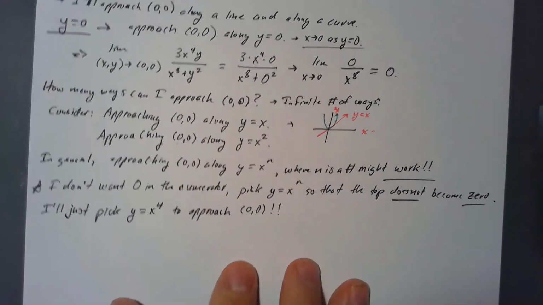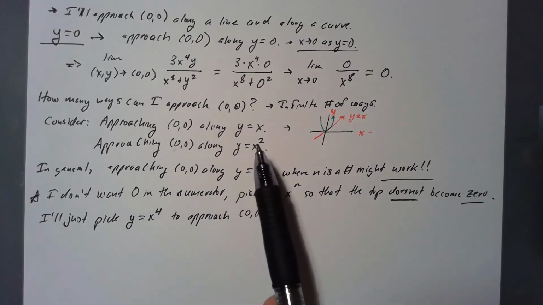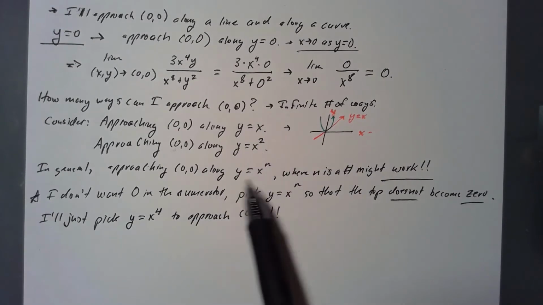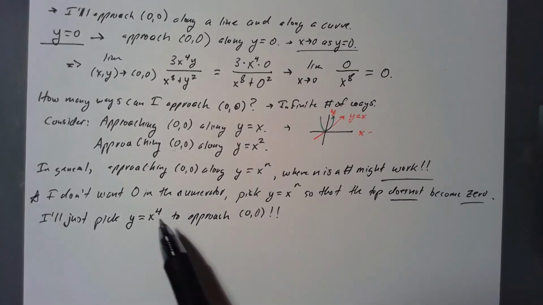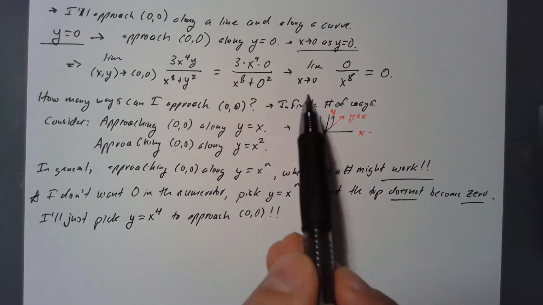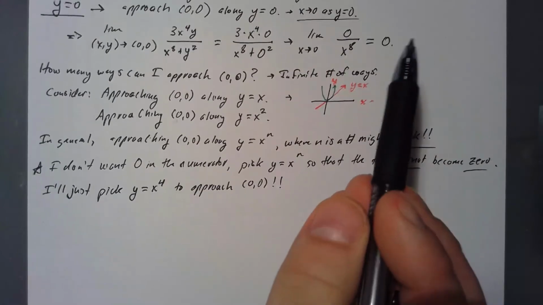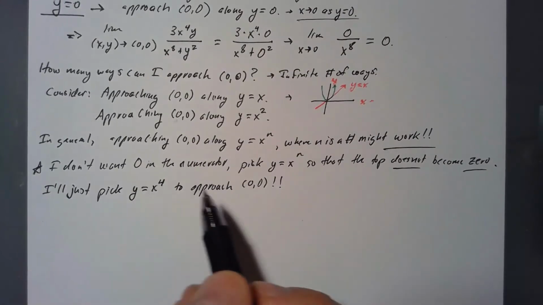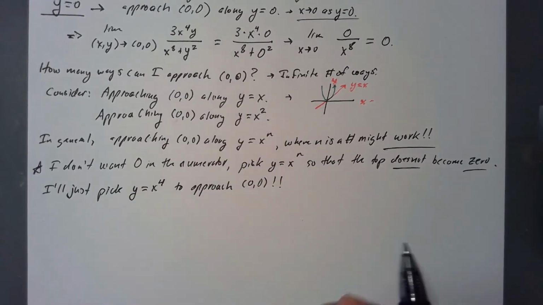But just because I'm picking this does not mean you can't pick x squared, x to the third, x to the fifth, or so on. The goal is to pick a curve so that this simplifies to a value other than 0. A lot of this is trial and error. Pick it. Let's try it.